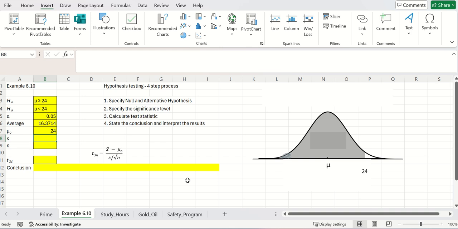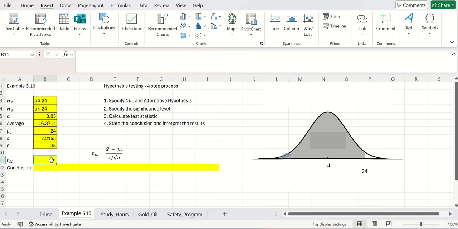Our standard deviation is also given to us as 7.2155, and the number of students who were sampled is 35. From this, we can go in and calculate our t-statistic. The reason we're using a t-statistic with 34 degrees of freedom is because we sampled 35 people. Degrees of freedom is the sample size minus 1.